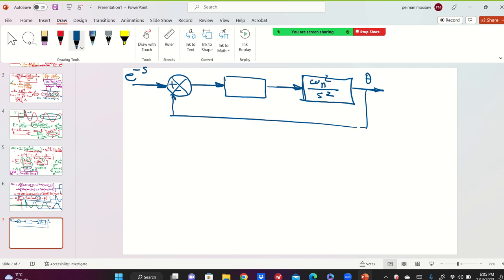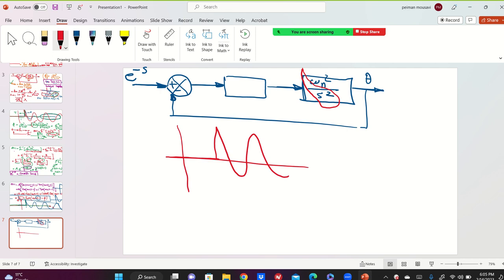So as I told you, the pendulum has a double integrator inside. If you want to remove that forever oscillation, it already has this, you only need to add a D controller here. D controller means s.